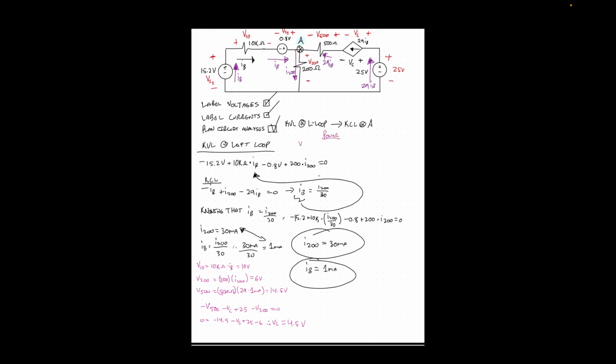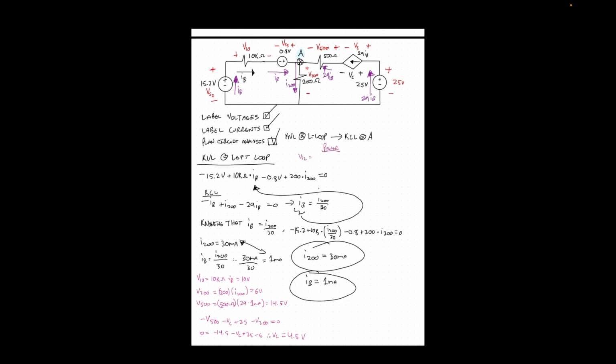My VS2, again obeying passive sign convention, let's locate VS2. VS2, in the direction that I chose for current, is going in the direction of a voltage rise. Therefore, I'm going to have to use negative passive sign convention. So when I'm writing this, I stick my negative here. Let's write the formula first, then numbers.